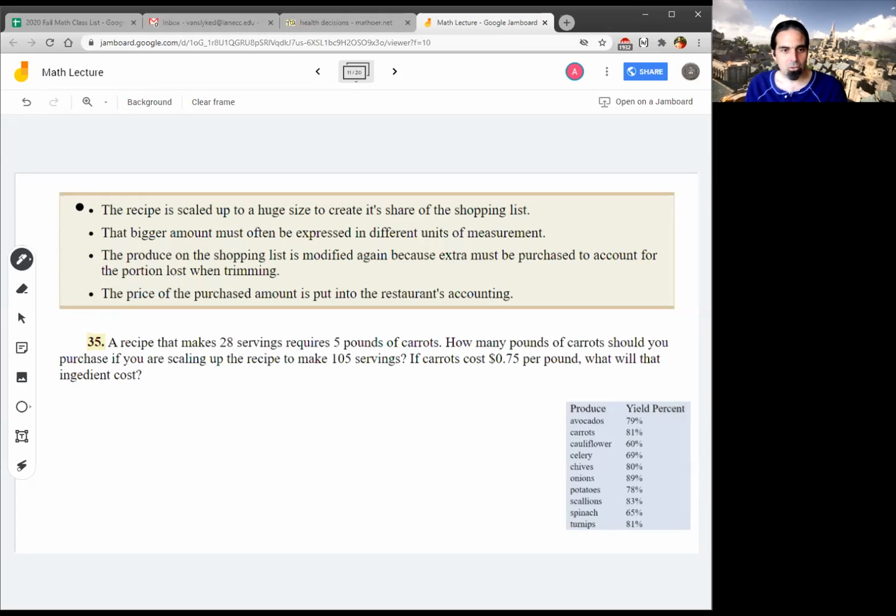We're going to start with scaling up the recipe. So that was a proportion. We have 28 servings in 5 pounds. If we want 105 servings, how many pounds should we shop for?